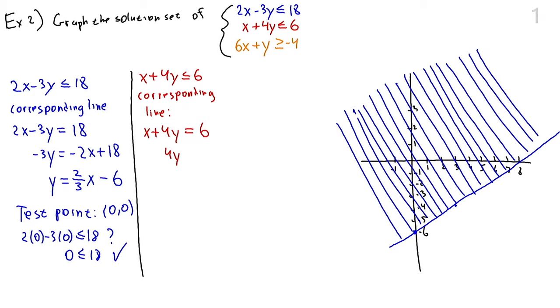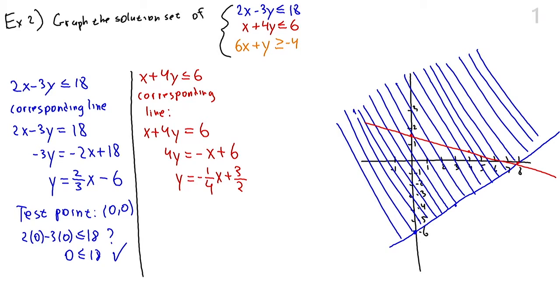We put it in slope-intercept form, y equals negative 1/4 x plus 3/2. So our y-intercept is 3/2, and our slope is negative 1/4. So we have a rise of negative 1 and a run of 4. And again, this is a less than or equal to, so we draw a solid line.